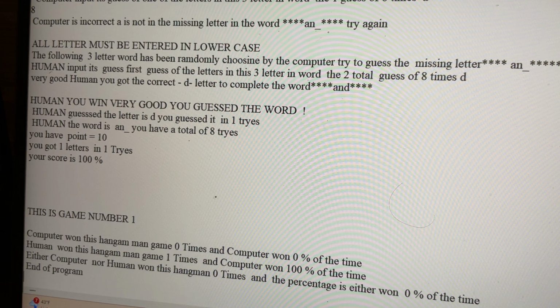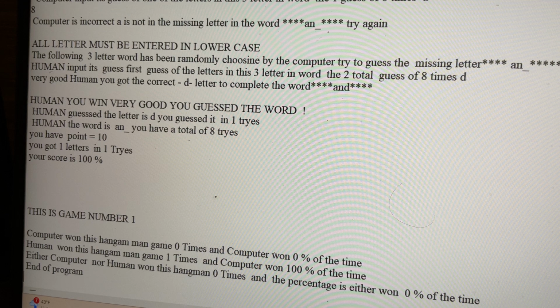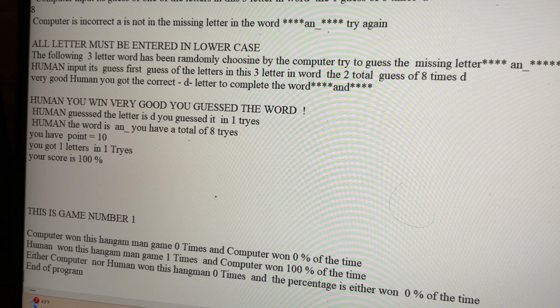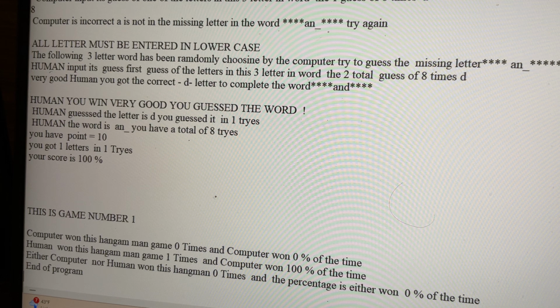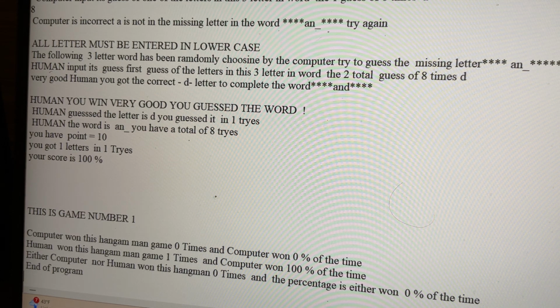At the bottom of the screen, you can play this game up to 100 times. So if you were to play a certain number of times, you would have the computer winning, the human winning, and sometimes no one winning. But it says computer won Hangman 0 times and 0% of the time. Human won Hangman 1 time, 100% of the time.